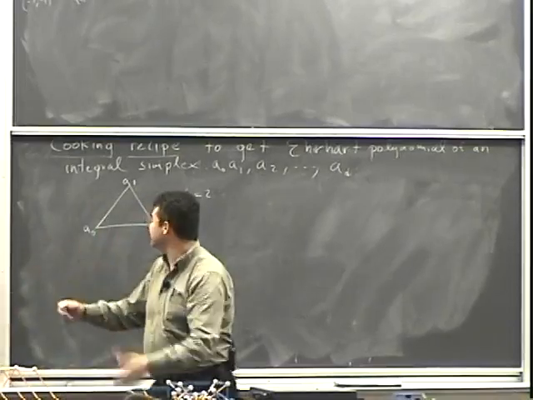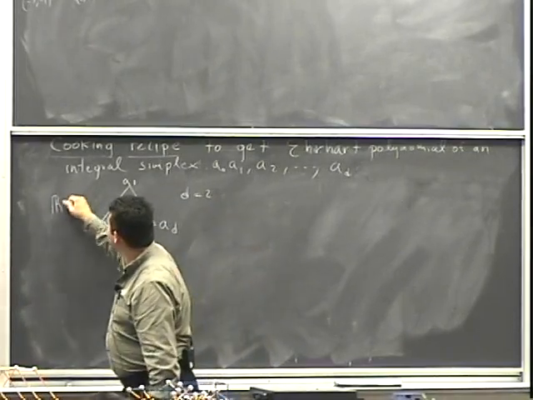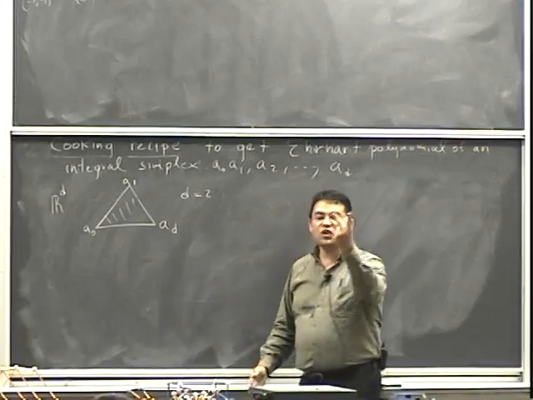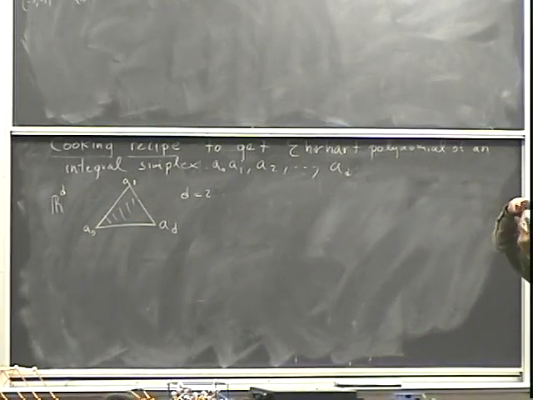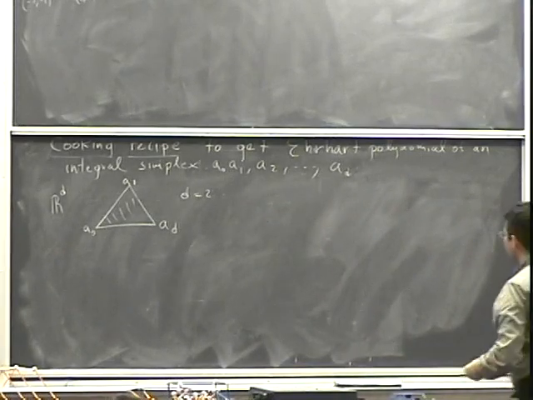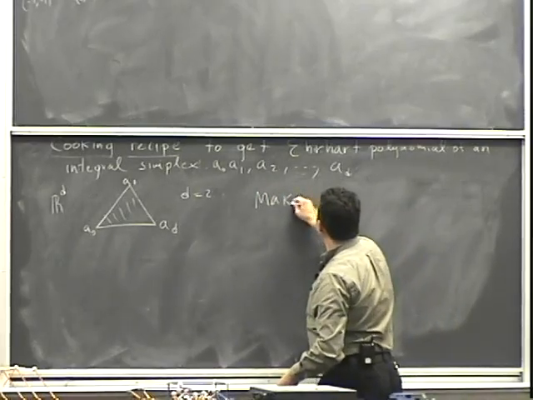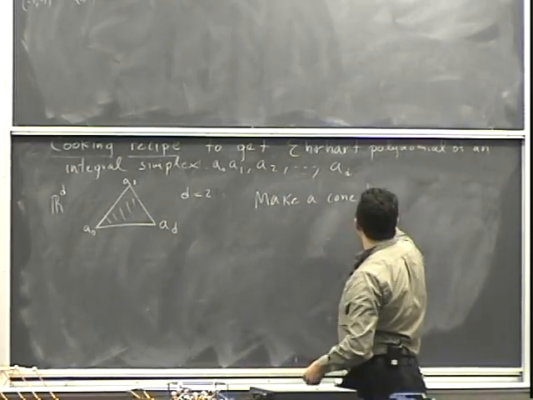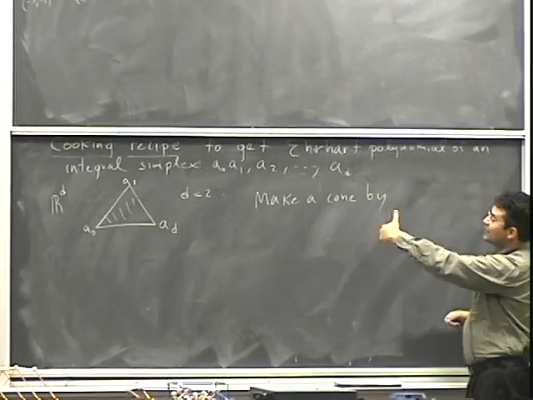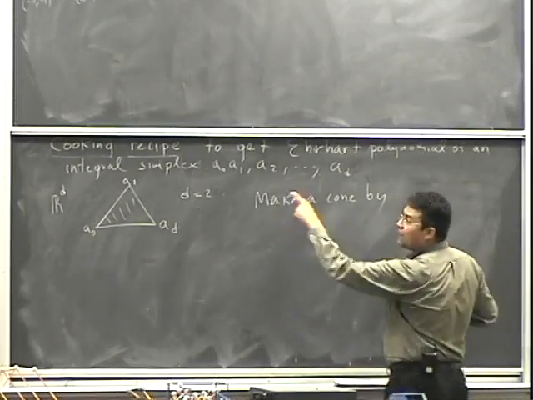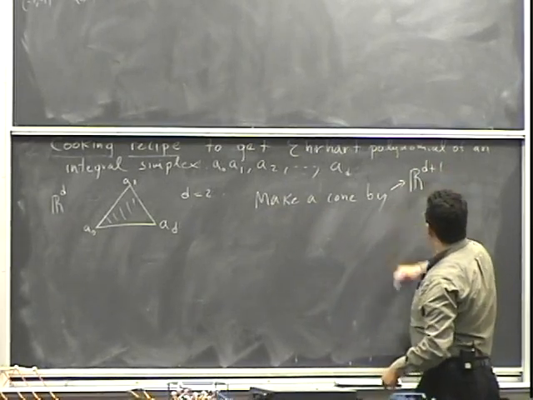Take your simplex. Here's your simplex that lives in dimension d. Now you're going to put it in one dimension higher in a cone. You're going to make a cone out of it. So this is dimension d, and you're going to embed this into R^(d+1).